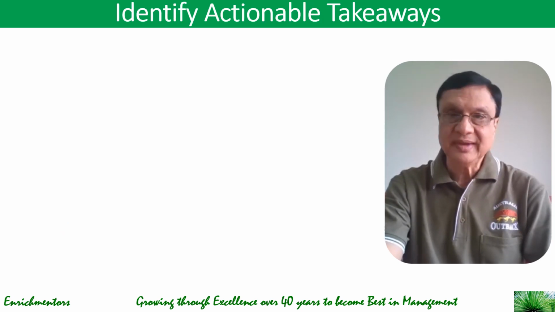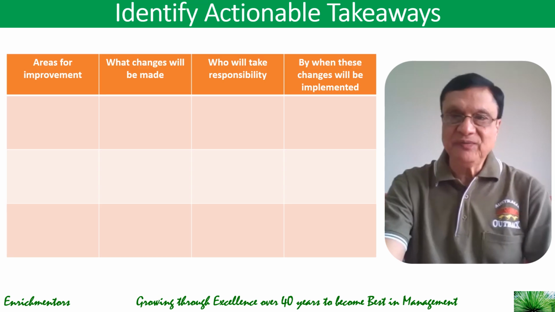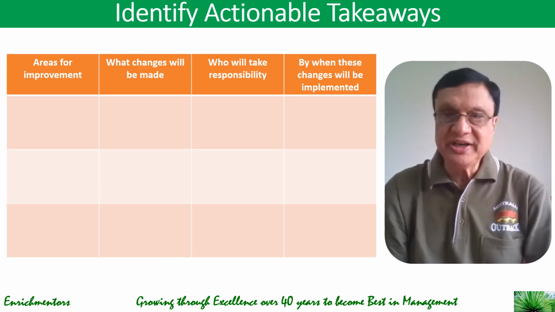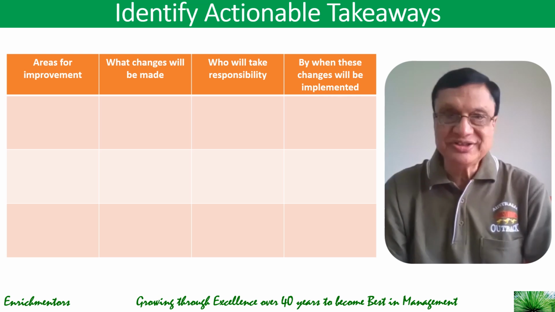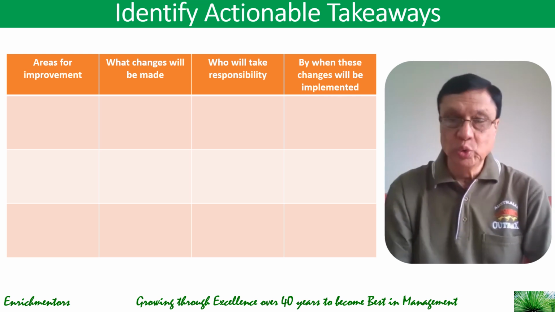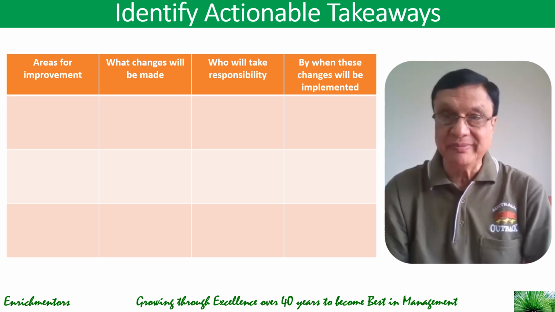Ensure that each retrospective ends with a concrete, actionable step or steps that can be taken to improve the process. After identifying actions for improvement, work with the team to create a plan, as you see here as an example, of what changes will be made, who will take responsibility, and by when these changes will be implemented.